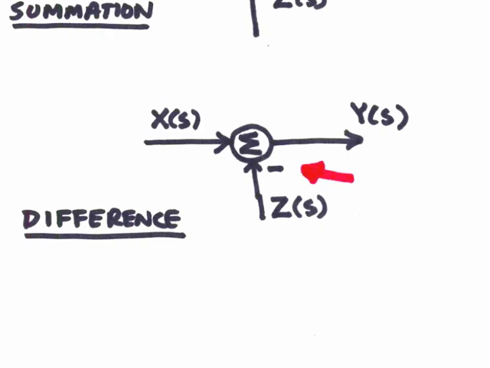Sometimes, to eliminate any ambiguity, signals that are to be added together will have a plus sign next to the arrow of their input. If neither a plus nor minus sign appears next to the arrow going into a summation, you can assume that the signal is going in with the plus sign, that is, to be added.